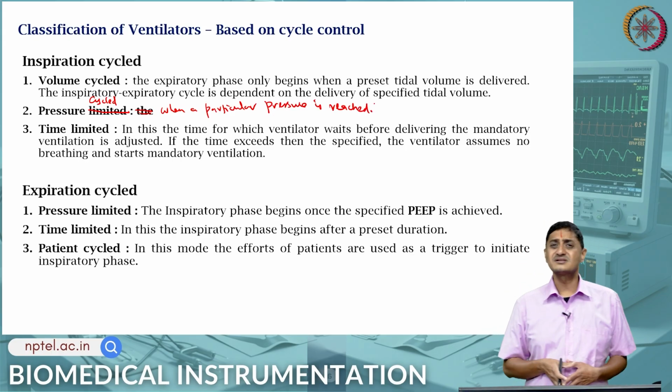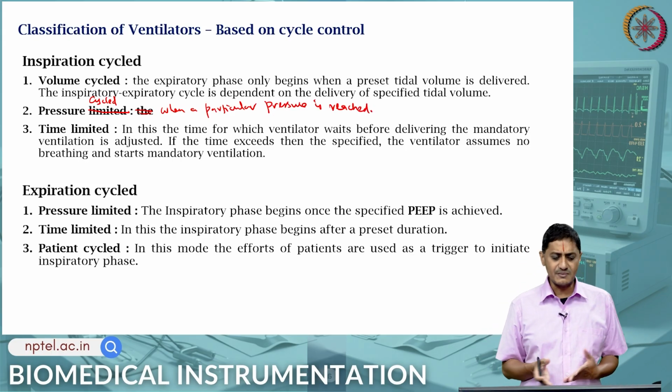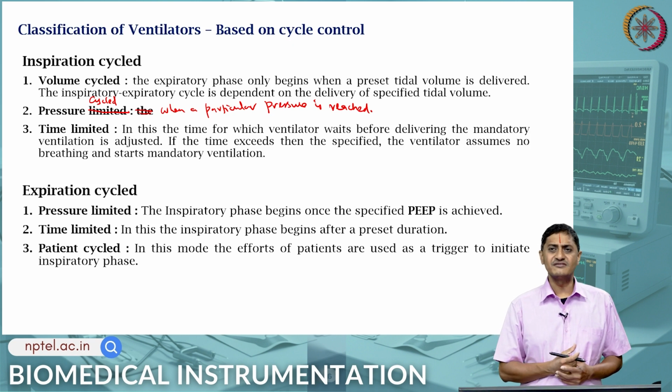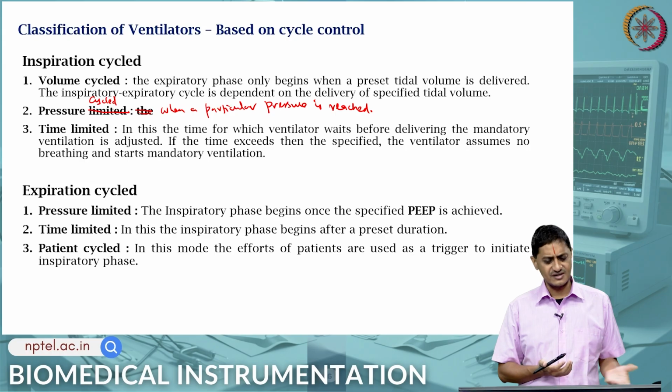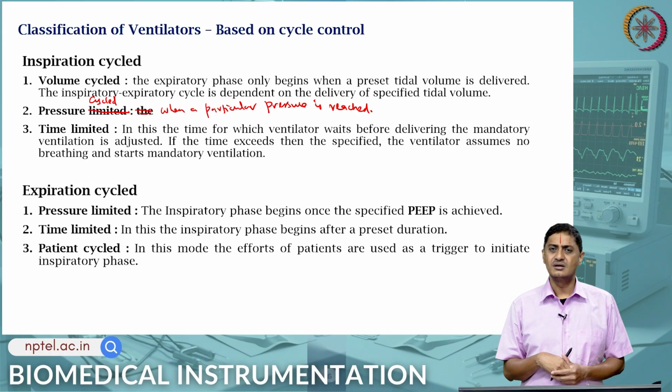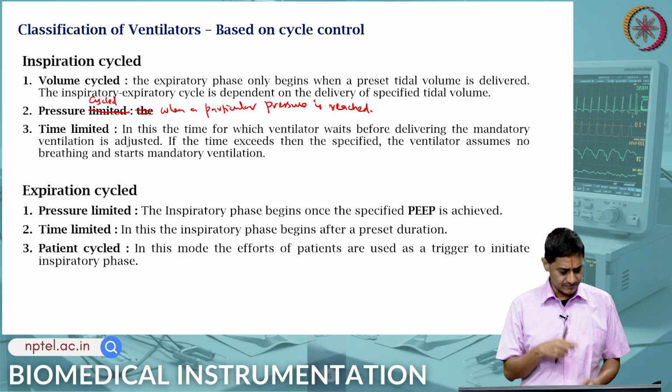This is called pressure cycled. The third is time limited. In this case, the time for which the ventilator waits before delivering the mandatory ventilation is adjusted. We already saw this. If this time is exceeded, then a mandatory ventilation starts.